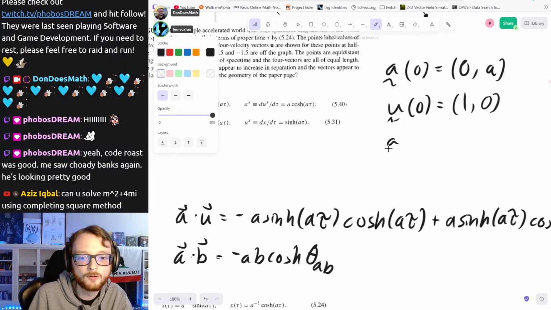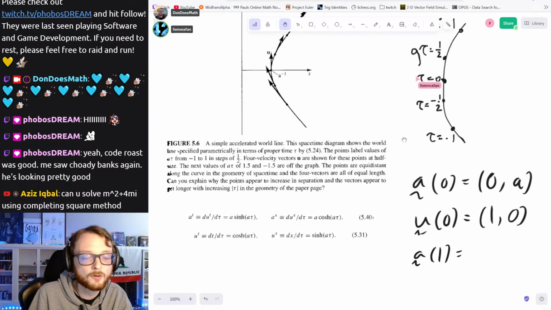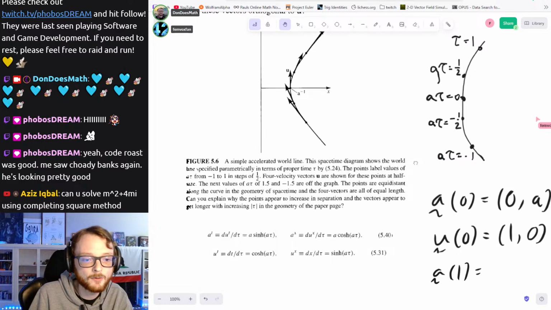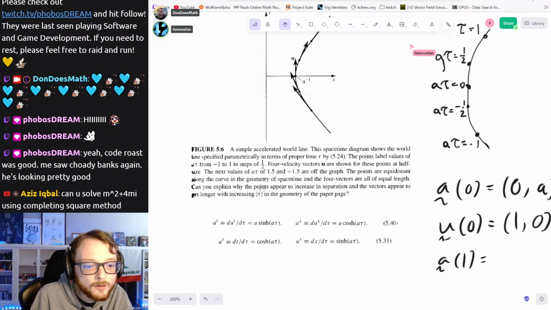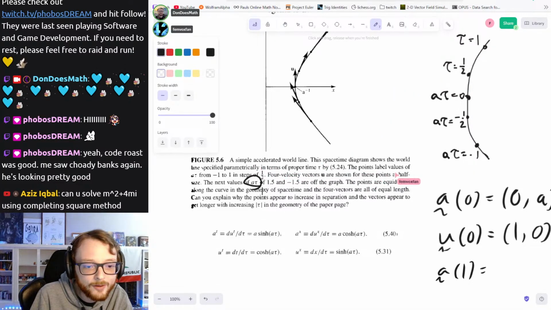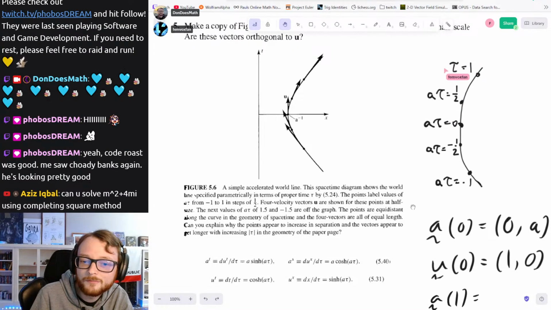Wait a second now. These are A tau. No, these aren't tau. These are A tau. I think that's what it says there. Oh yeah, I do see that, the tau points label there, values of A tau. Well, that's good. That makes it simpler, I guess.